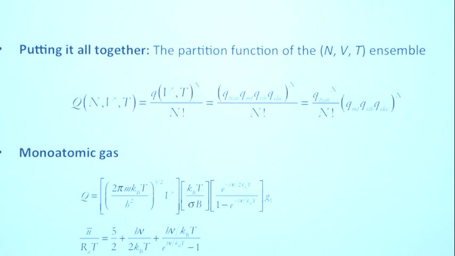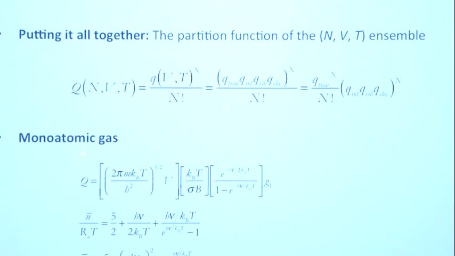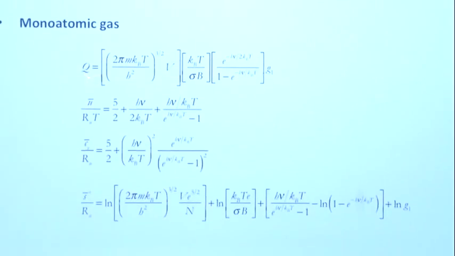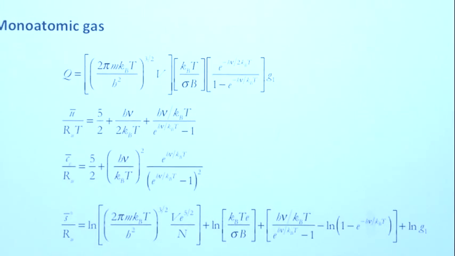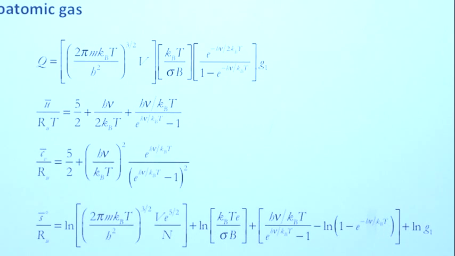You manipulate it, plug in the expression we derived earlier for each of these degrees of freedom. Summarize, collect all the terms together. You have, for a monoatomic gas, your partition function would look like this. All right? And this is also in my notes, so you don't have to write it down.